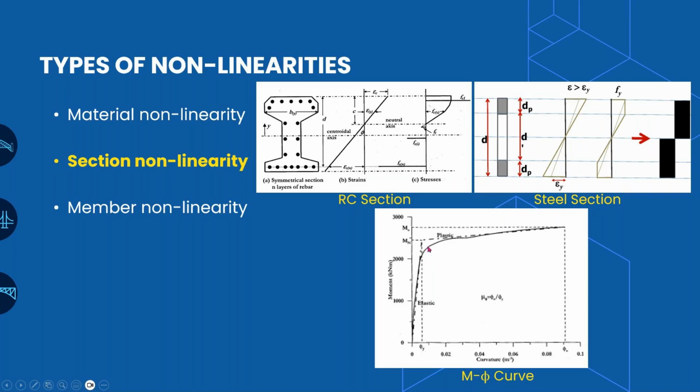On that basis, equal areas for the bilinear curve is considered, and the point called Mn, which is our notional point, indicates the notional moment, and the curvature corresponding to that notional point is called the yield curvature. The ratio of the ultimate curvature to the yield curvature is called the ductility, or the curvature ductility.